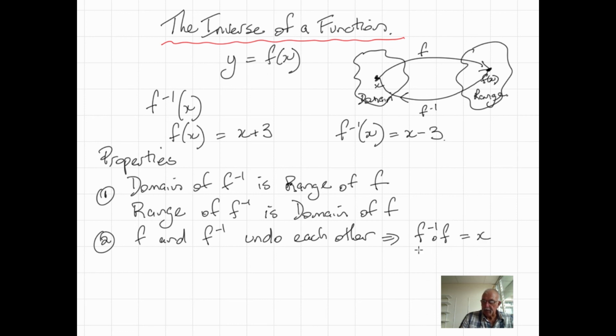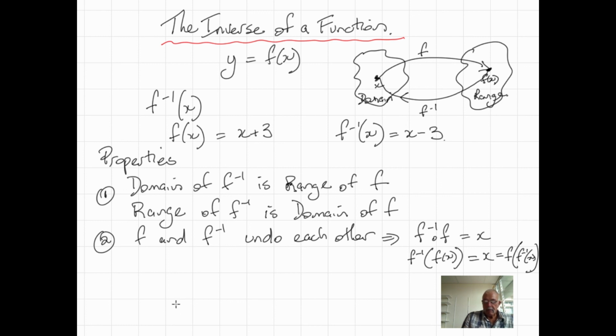So if we were to write it with brackets, we'd have f to the minus 1 of f of x would be just equal to x. Incidentally, that's also equal to f of f to the minus 1 of x, going either way.